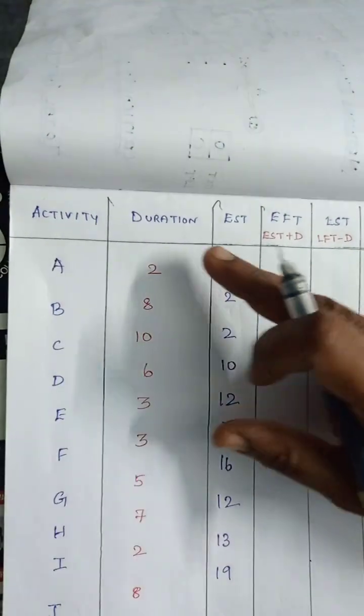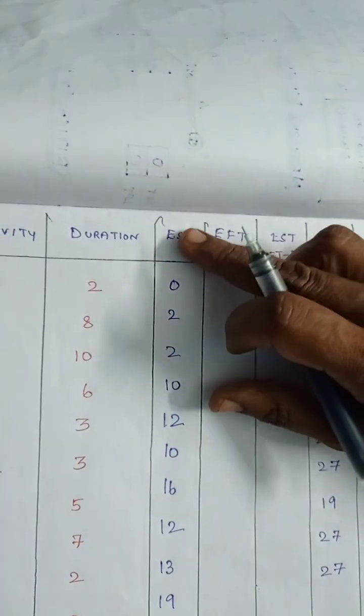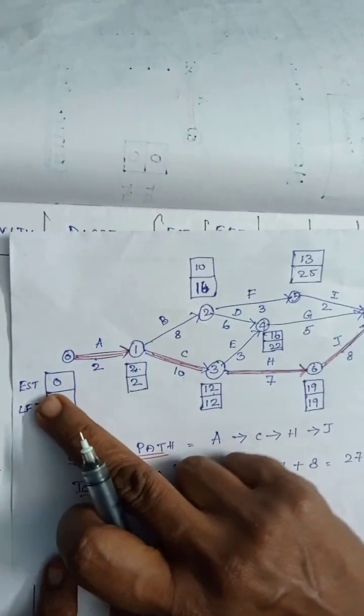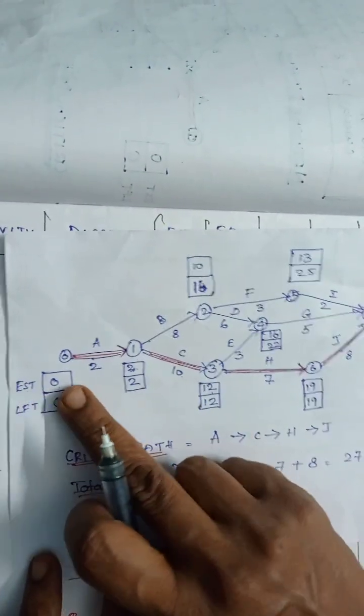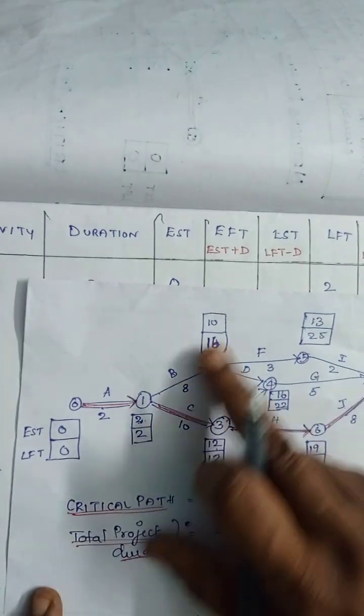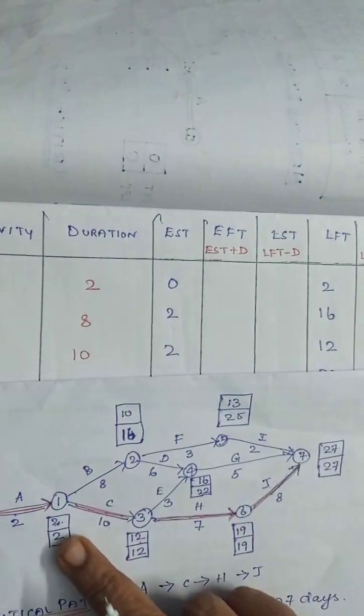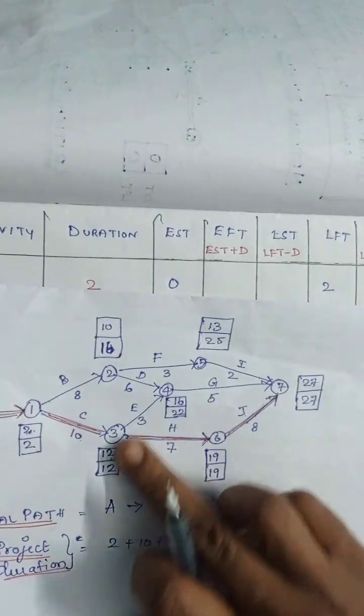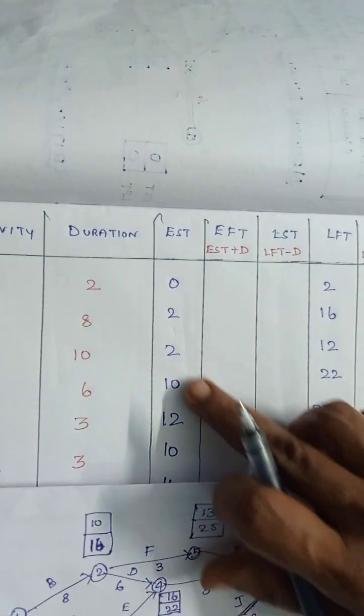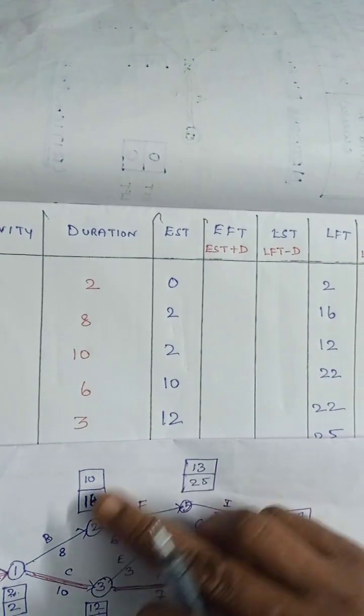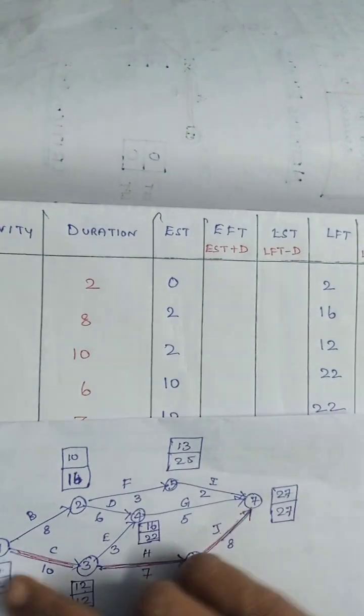In this activity table, we have been given the activity duration, and EST is this. We have calculated the EST in the network diagram. So it is 0 to 10. Earliest start time of C is also 2.